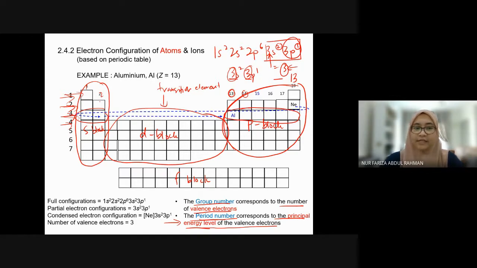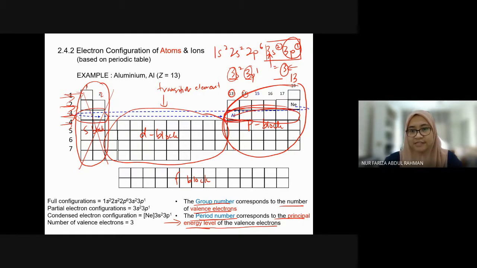So definitely not in S block. So this shall not be the location of aluminium. The hint is n is equal to 3, and then it should be in P block. So as you can see, for n is equal to 3 and P block elements, we have 1, 2, 3, 4, 5, 6.